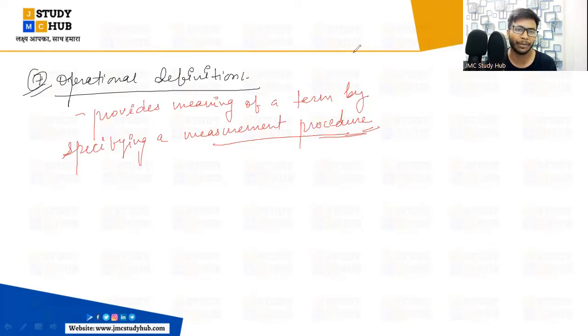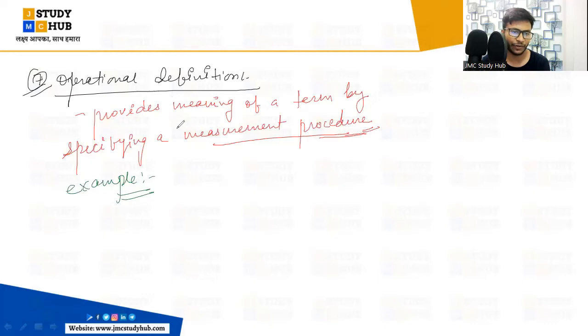Like for an example, everybody can give an example. Tell me, everyone. What can be an example of operational definitions here? In that definition there should be a measurement procedure specifying a term, right? Everybody, what would be an example of operational definitions?